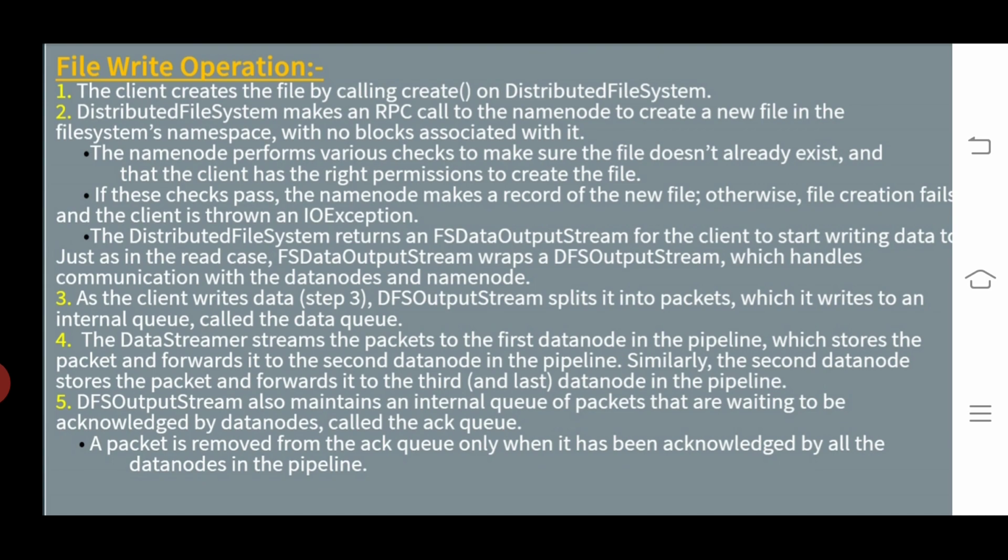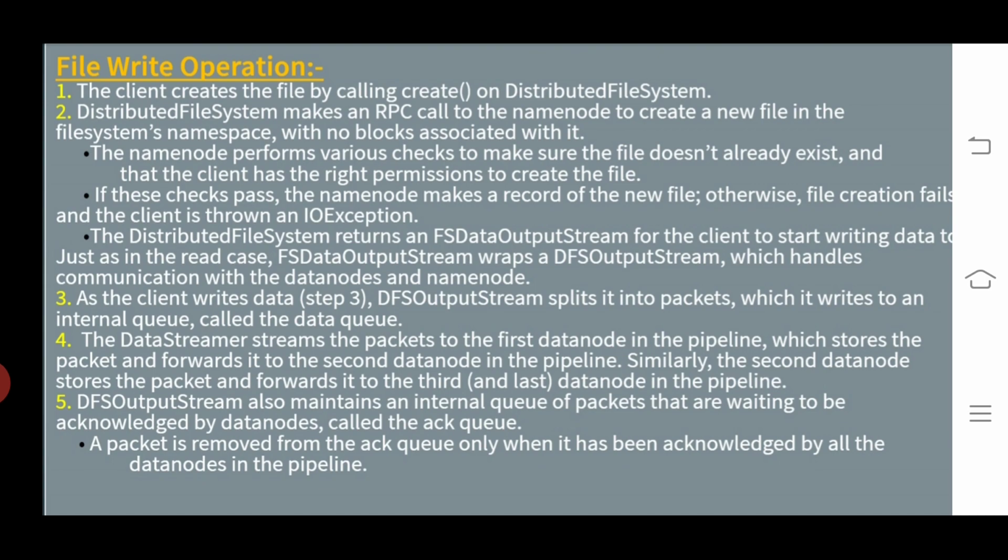Later the distributed file system returns a file system data output stream for the client to start writing data to, just as in the read case. The file system data output stream wraps a distributed file system output stream, which handles the communication with the data nodes as well as the name node. This is the step 2 concept.